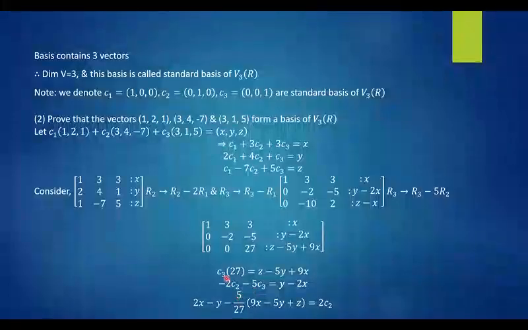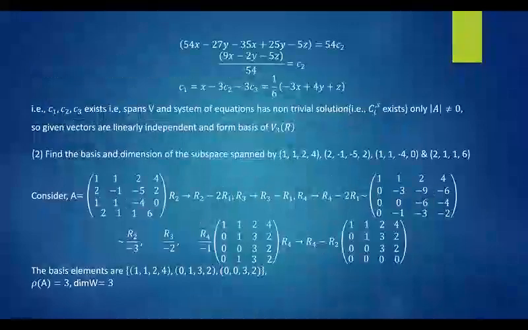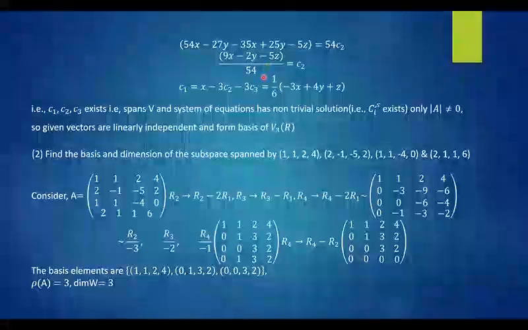What is C3? From the above equation we can write 1/27 into the right side term 9x minus 5y plus z. So after simplification you get C2 equals 9x minus 2y minus 5z divided by 54. In the first equation you can calculate C1.